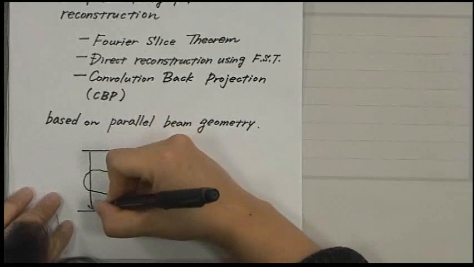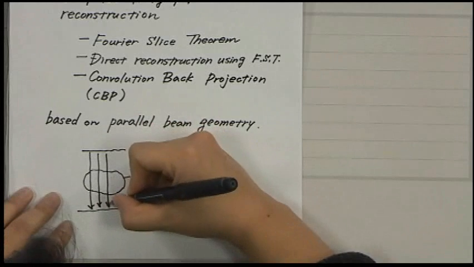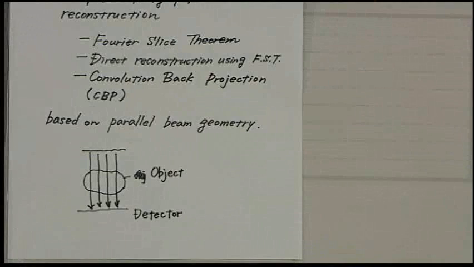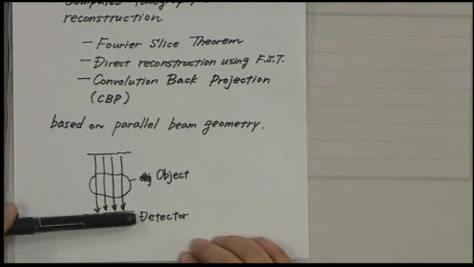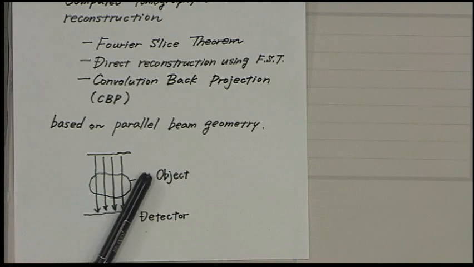And parallel beam is basically just beams are parallel. And then we acquire the data on this detector. And then we just change the angle, and we keep collecting the data.